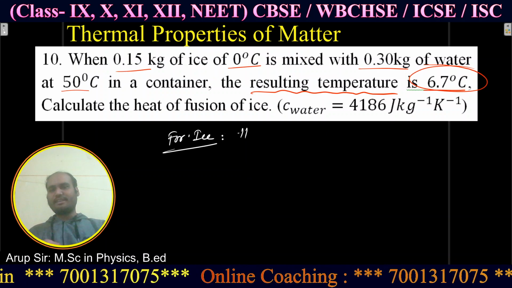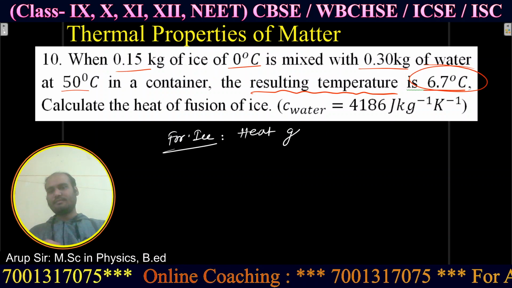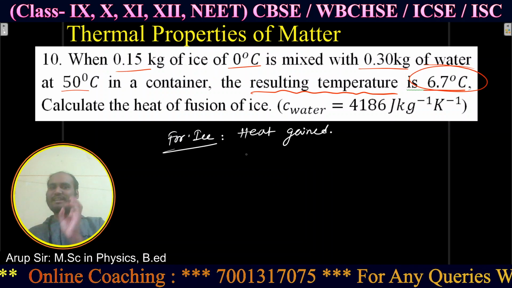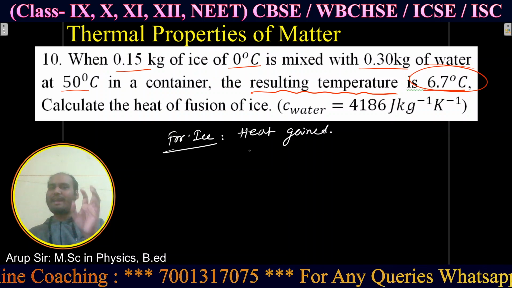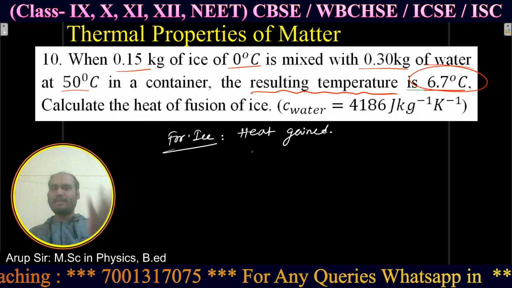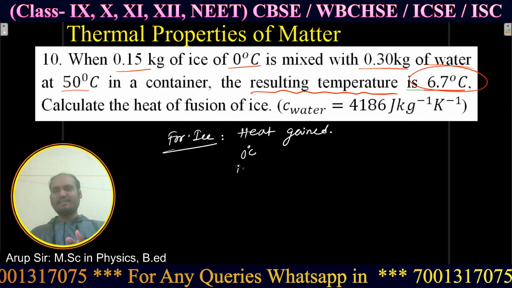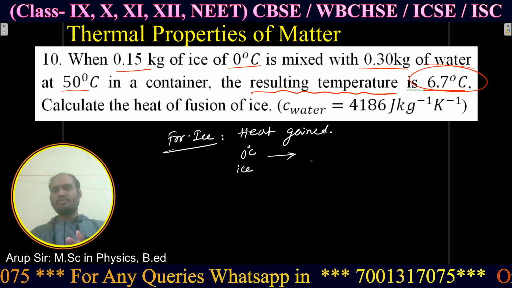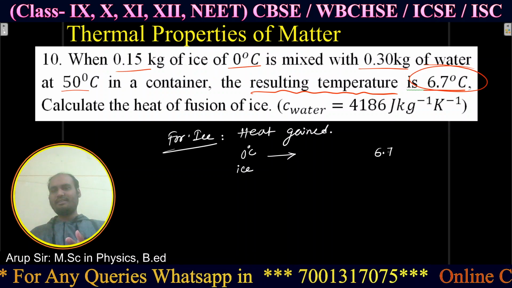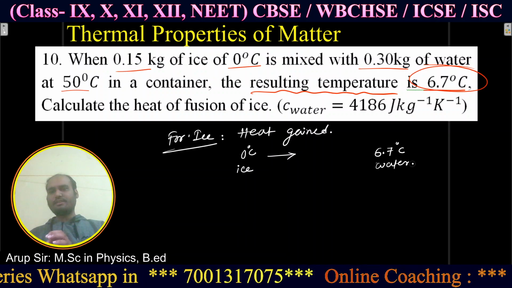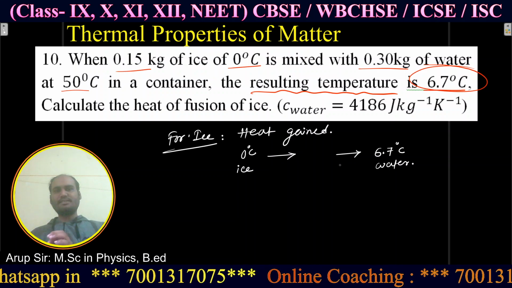So heat gained. And how much amount? We have to focus at first on the state change and also on the rising of temperature. So at 0 degree centigrade it was ice initially. To go to 6.7 degree centigrade, that means water, it should face a state change from ice to water.